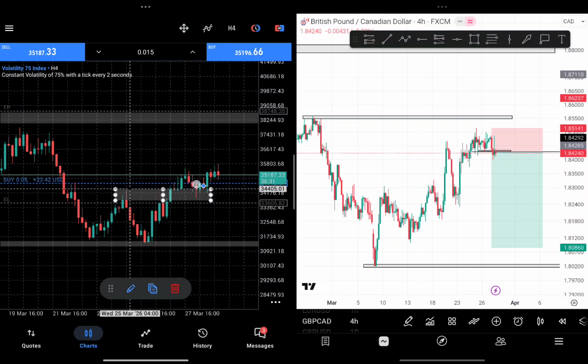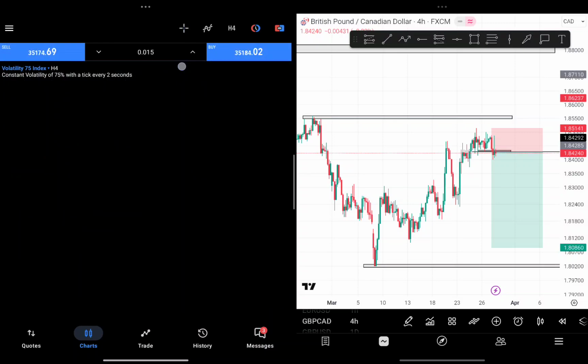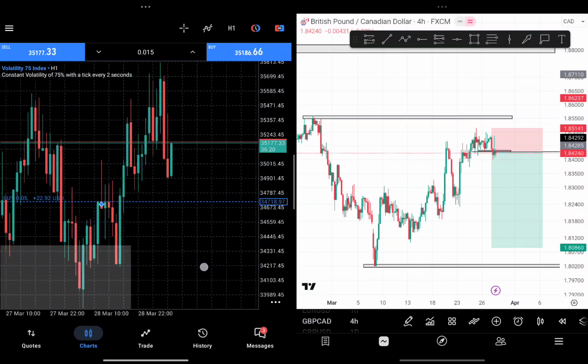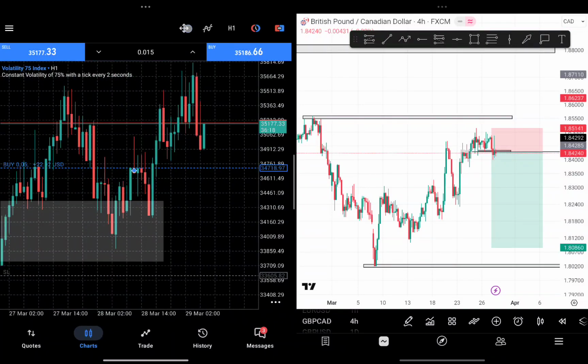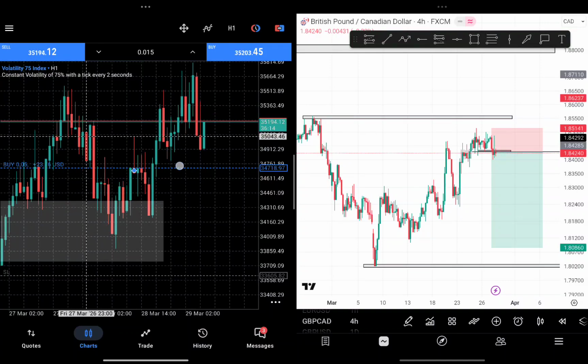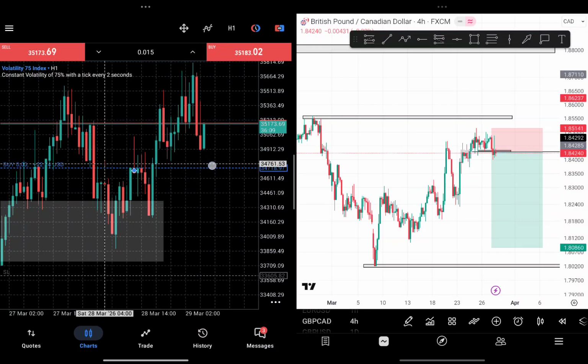So when it broke this, what we just had to do was wait for a retracement in the 1 hour, which I did. Then I had my confirmation to buy. So in the 1 hour, we had this lower low, lower high, lower low, lower high, lower low.